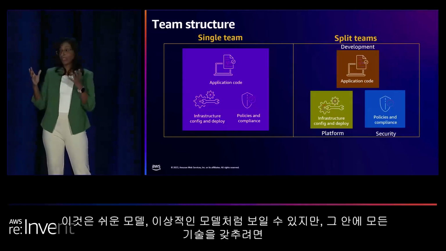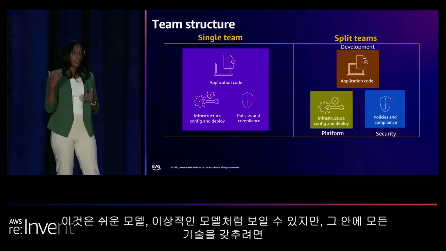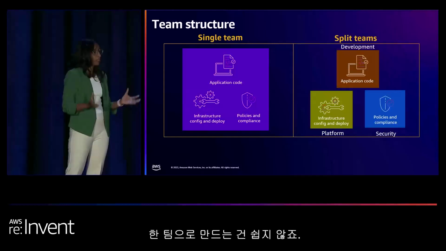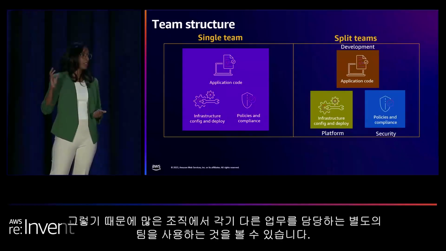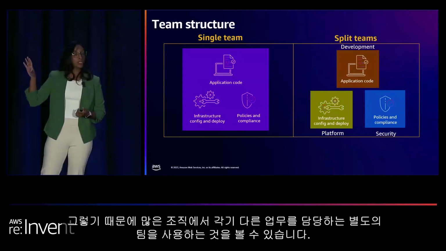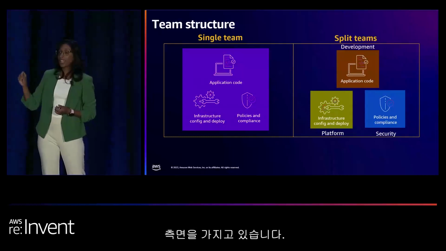This might look like an easy model and ideal, but then to get all those skill sets within that one team is not easy. And that is why we see many organizations use separate teams, each owning different aspects.